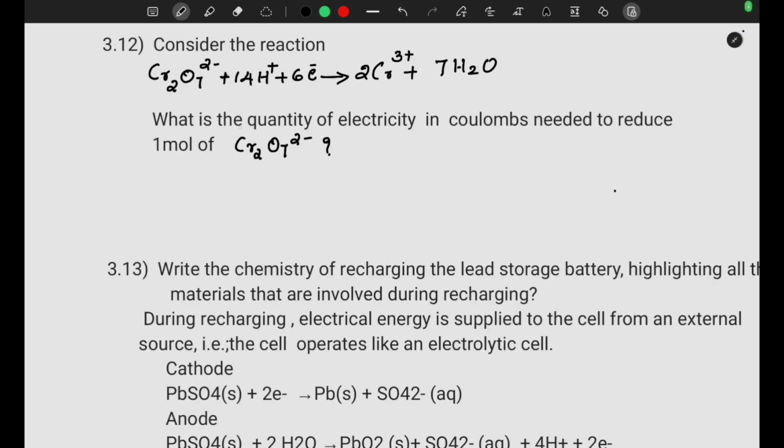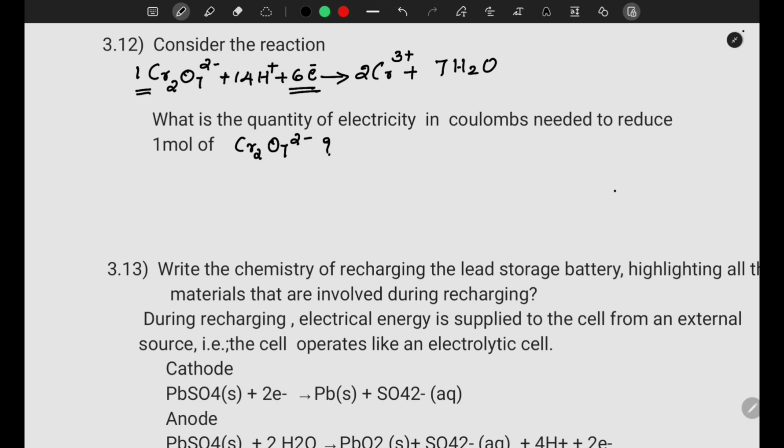Consider the reaction Cr2O7 2 minus plus 14H plus plus 6 electrons gives 2Cr3 plus plus 7H2O. What is the quantity of electricity in coulombs needed to reduce 1 mole of Cr2O7 2 minus? Okay, we have taken 1 mole of Cr2O7 2 minus. From the equation we can see 6 moles of electrons are required.